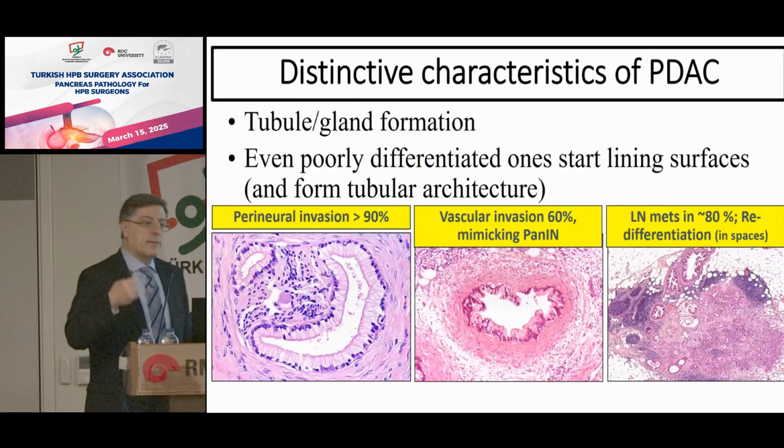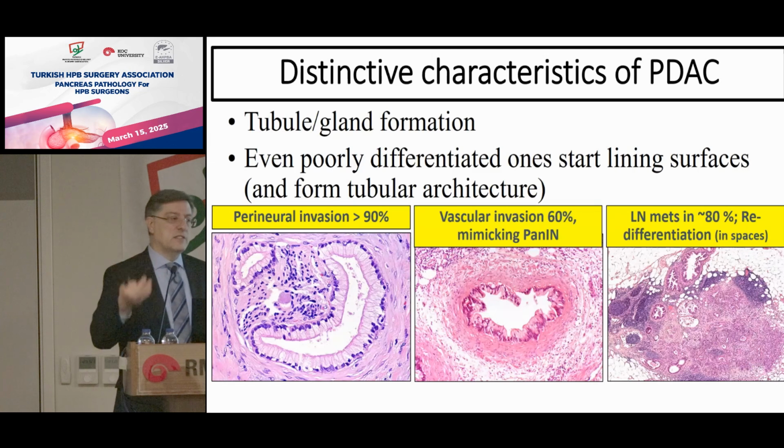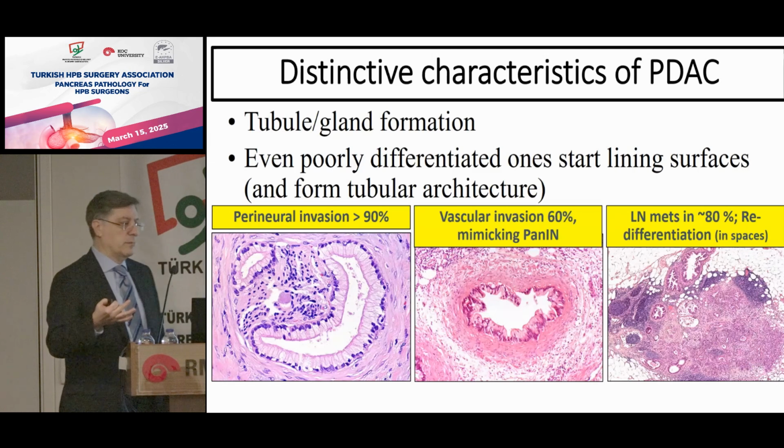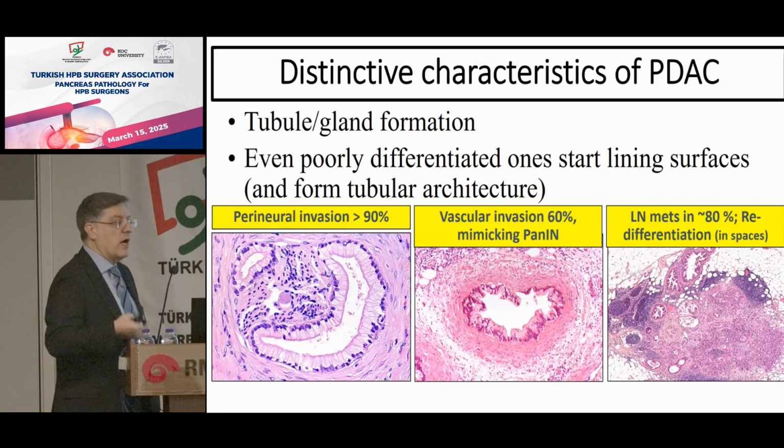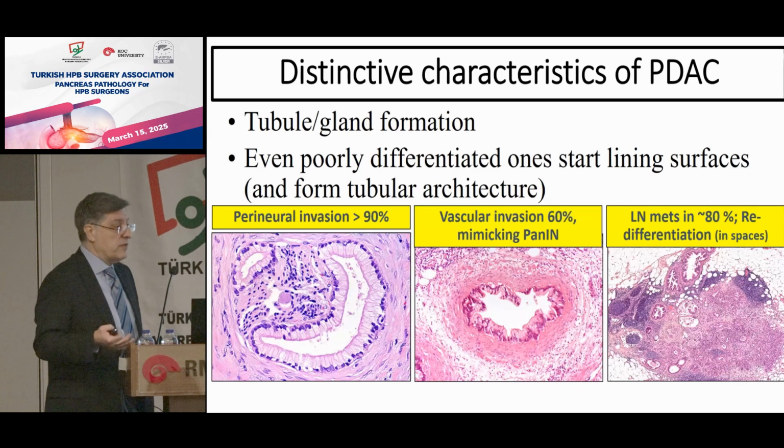Now, one thing about PDAC, and if we can understand why and resolve this, we'll be very successful in treating this tumor. It has very high propensity to infiltrate things and very comfortably spread through them. Perineural invasion, 90% we say, but probably if you look carefully enough, if you do step sections, maybe even higher than that. Vascular invasion is very common.